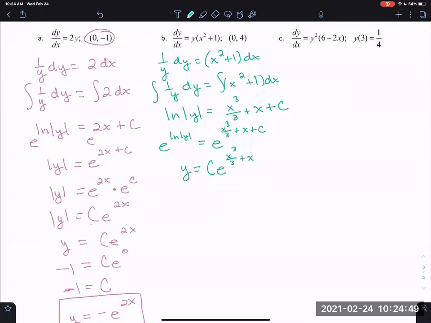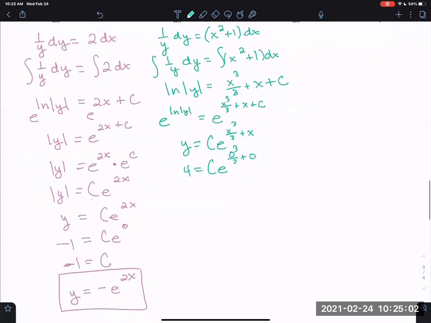And now for my initial condition, if I plug in 4 equals Ce to the 0 cubed over 3 plus 0, that's going to be e to the 0, which is 1. So 4 is my c value.